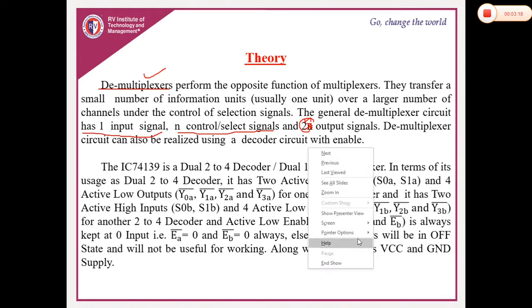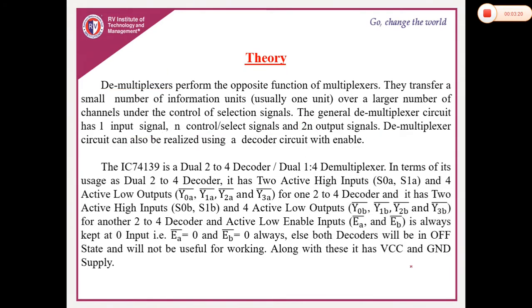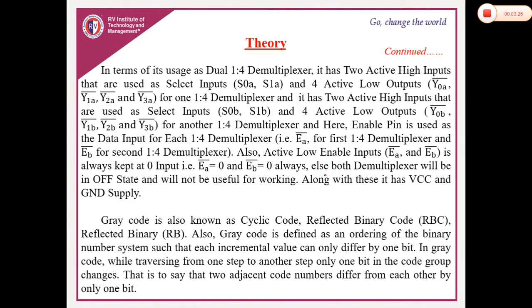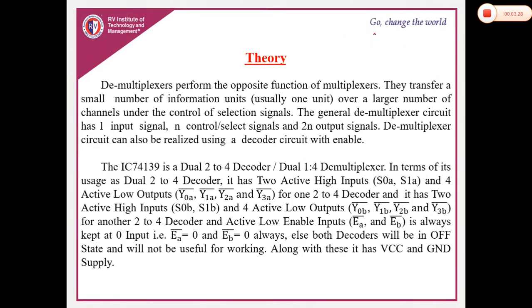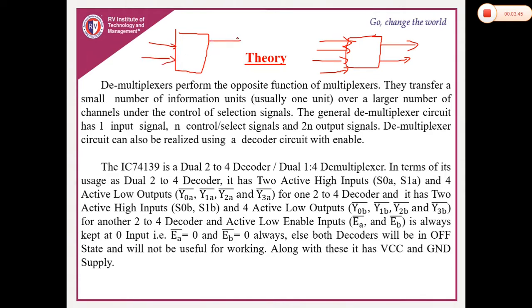Similarly, something about the decoder. A decoder is exactly the opposite of an encoder. In an encoder, we encode the input, meaning a big input is converted into an equivalent small output. Here it is exactly opposite: a small input is converted into a big output, meaning we are decoding the input.